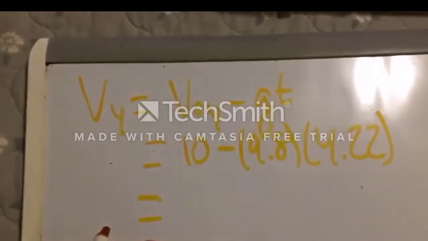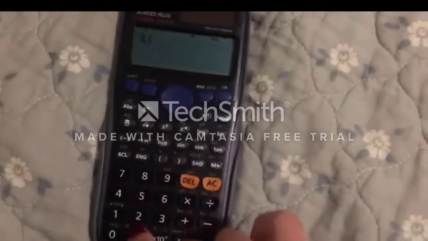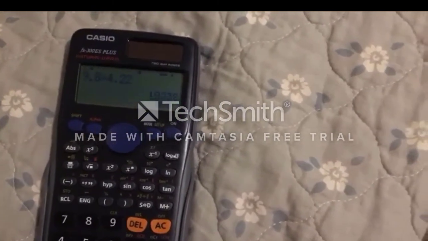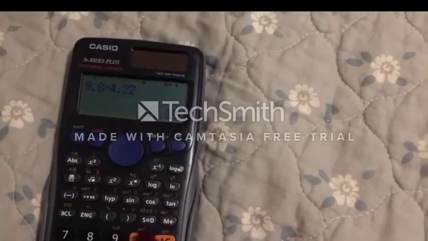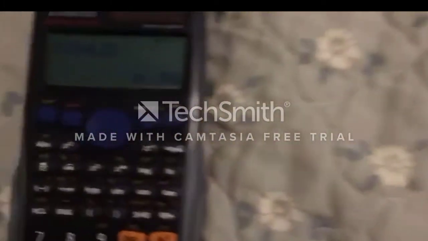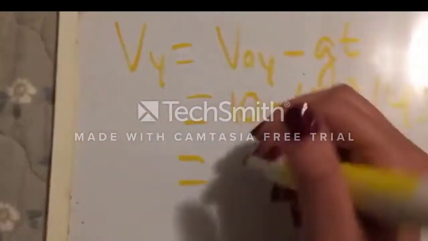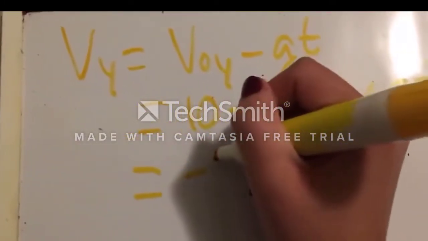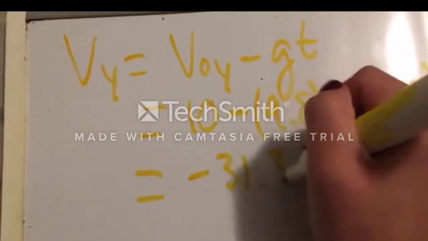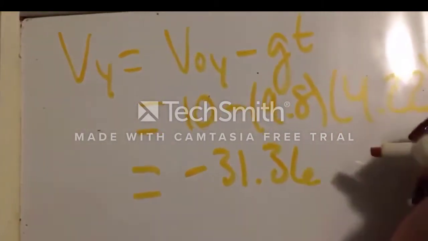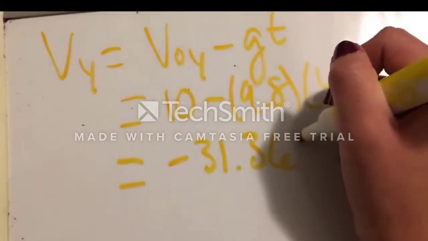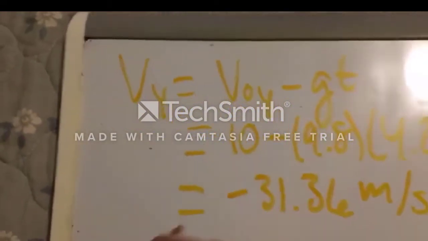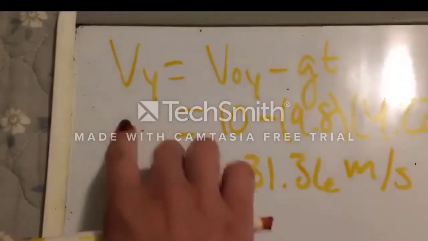Doing the math, 9.8 times 4.22 equals 41.36, and 10 minus that is negative 31.36 meters per second.